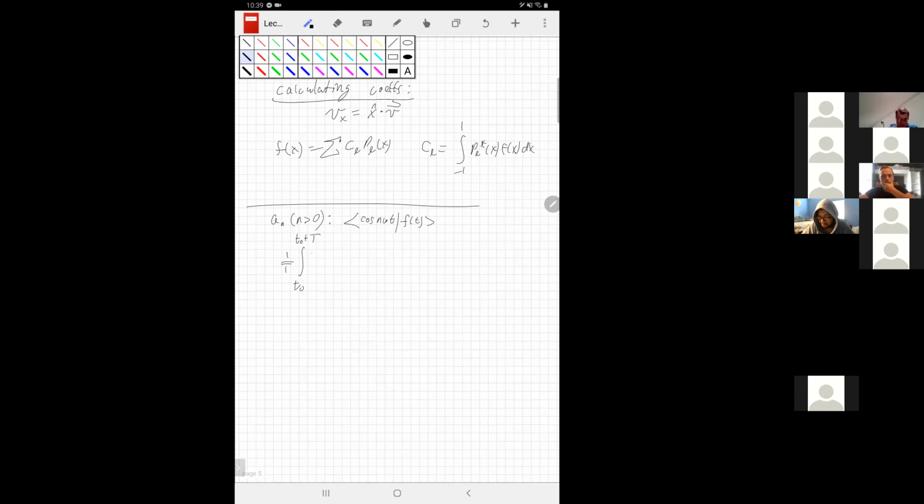So we're going to integrate cosine of n omega t times a naught over 2 plus the sum, and now I have to use a different name for the labels, m: am cosine m omega t plus bm sine m omega t, dt.